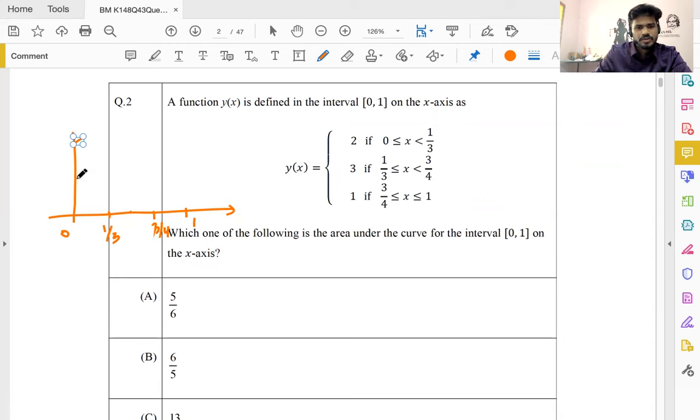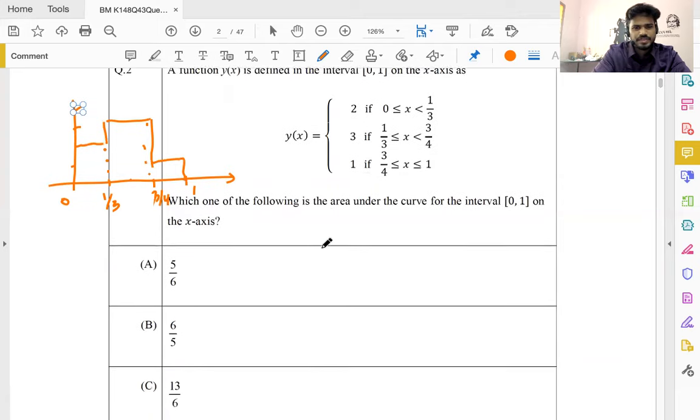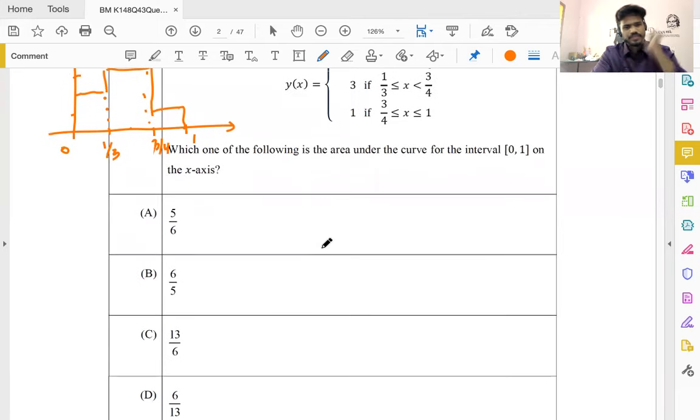It is 2 here, and then in this interval it is 3, and then in this interval it is 1. So just the 3 areas, I suppose you could easily find that.